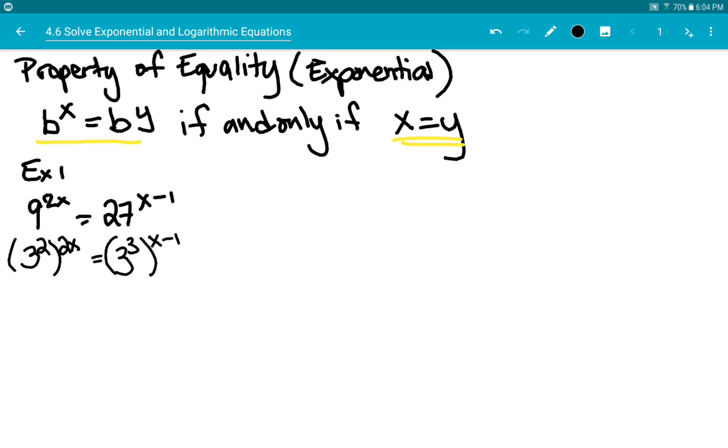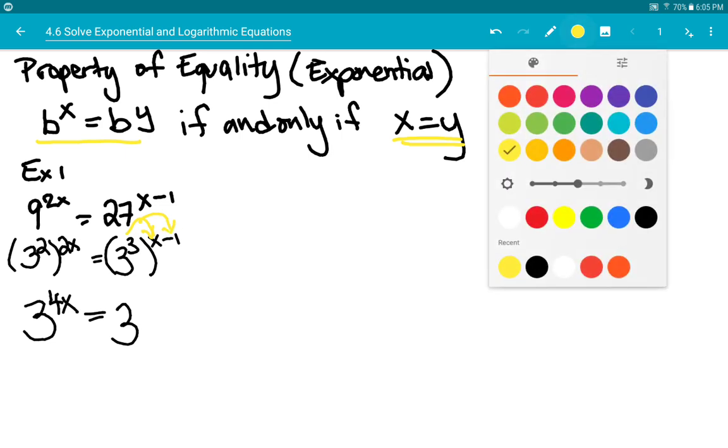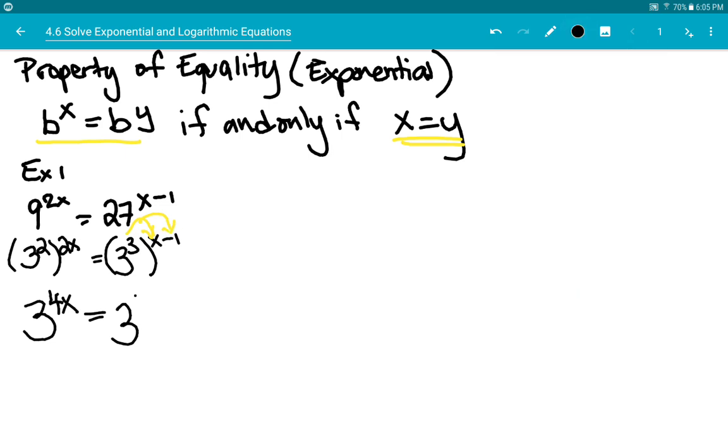So that's how we're going to approach this. Now what are we supposed to do with those powers? We're supposed to multiply. So we get 3 to the 4x power is equal to 3 to the 3 times x minus 1. When you multiply this 3, it's important that it gets distributed to both the x and the 1, so you're going to get 3x minus 3.